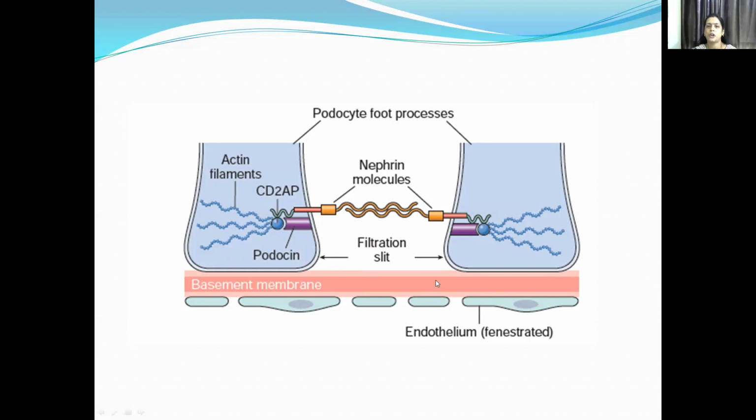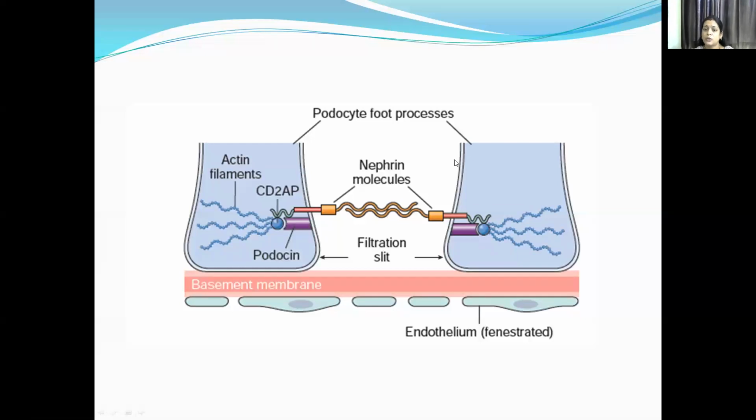So the importance is that they maintain the integrity of the filtration slit and the podocytes. If these molecules have any abnormality, that is, if there is a problem in the nephrin or the podocin or the actin filaments, there can be no proper integrity. So what happens?